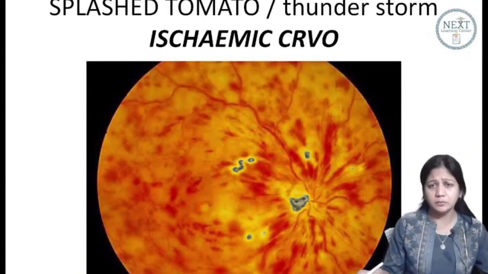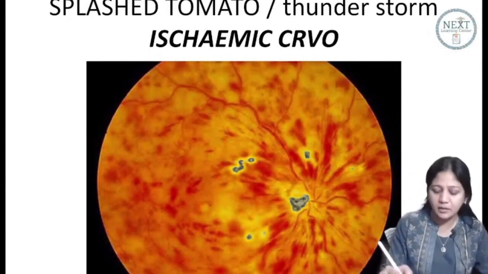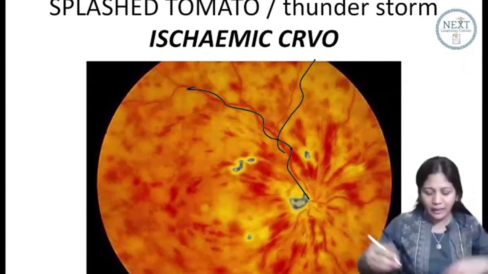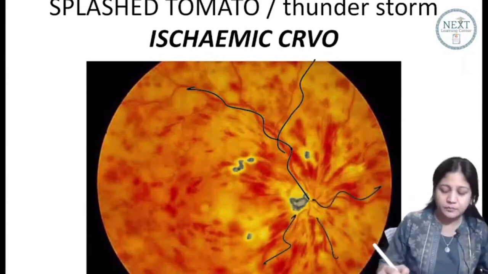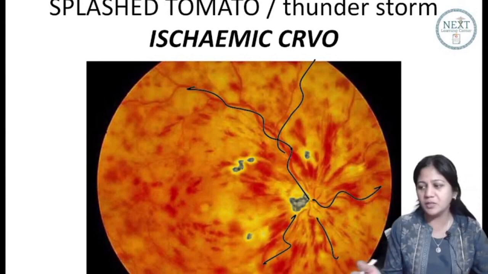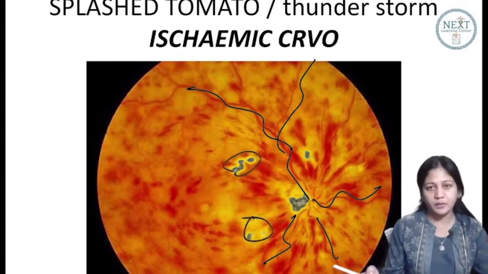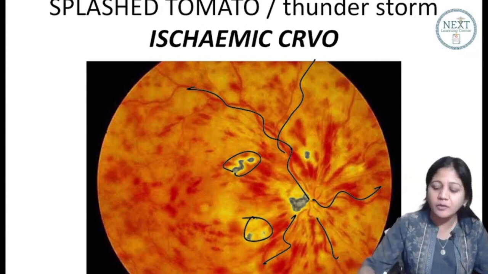It's a very typical picture of CRVO where there is a tortuosity of the veins. Can you see the veins are so dilated, tortuous? You see a lot of hemorrhages. These hemorrhages are mainly flame shaped hemorrhages and you have exudates also. Okay, so this typical picture is of the CRVO.